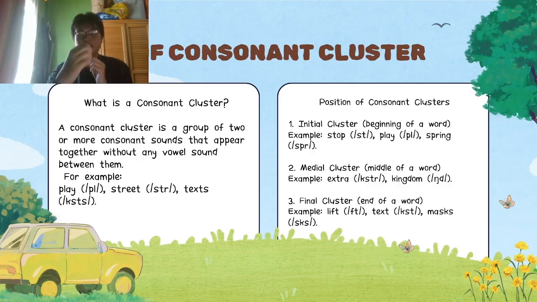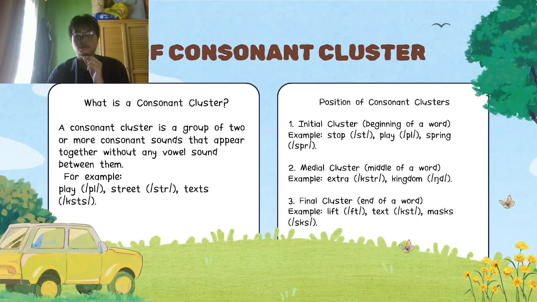And then the position of consonant clusters. The first one is initial cluster, or beginning of a word. For example, stop, st, play, pl, spring, spr. And then medial cluster, middle of a word. The example is like extra and kingdom.